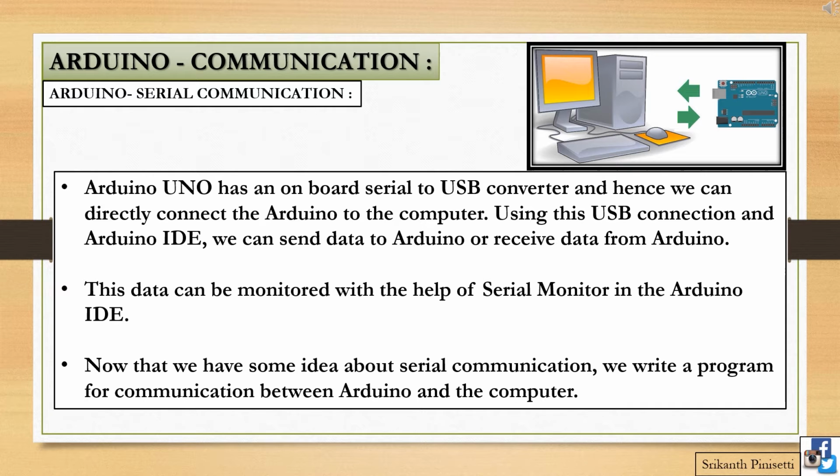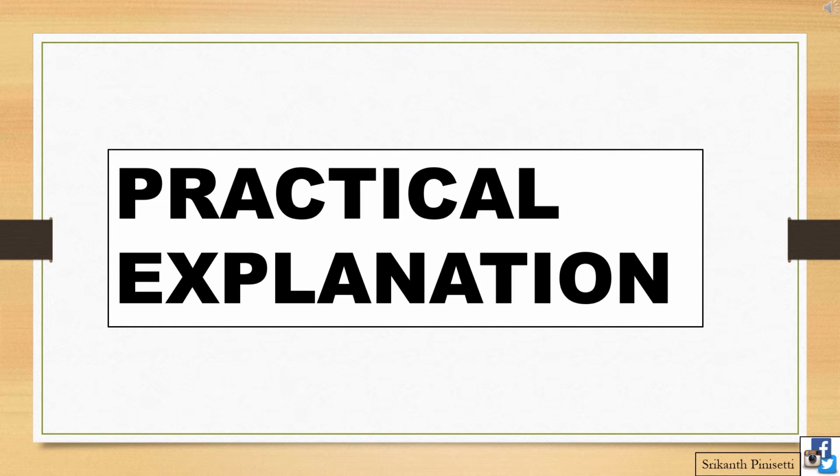Now that we have some idea about serial communication, we will write a program for the communication between the Arduino and a computer. We'll make a simple program to check whether our board is connected to our computer or not, where we send one character to the Arduino and receive that character back.